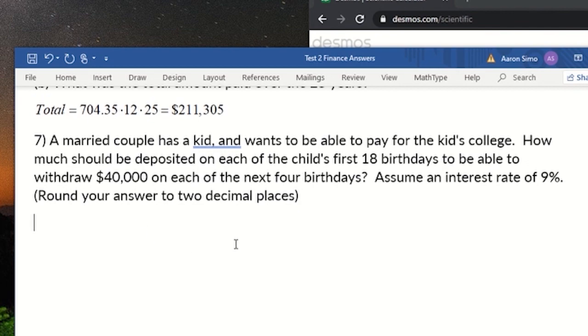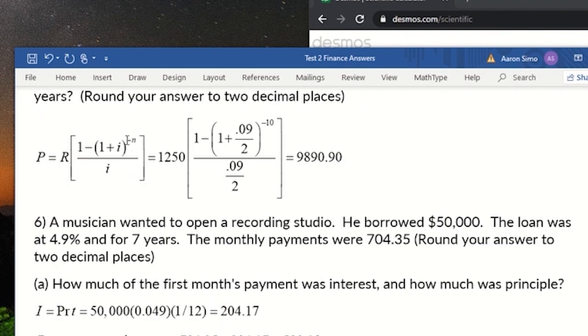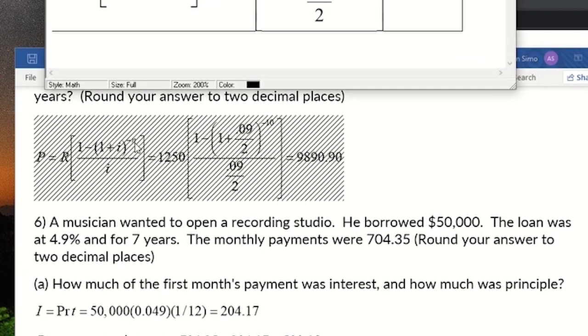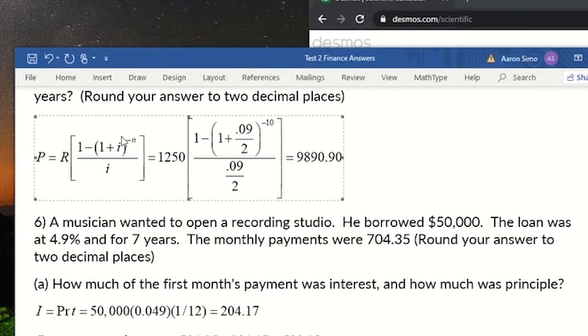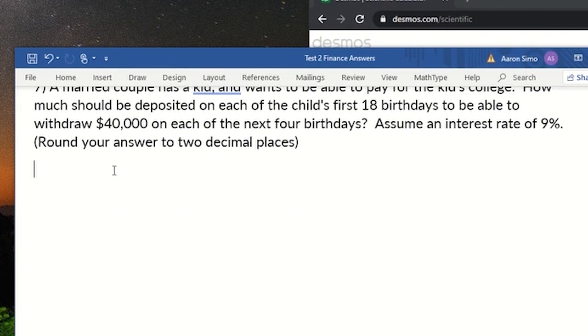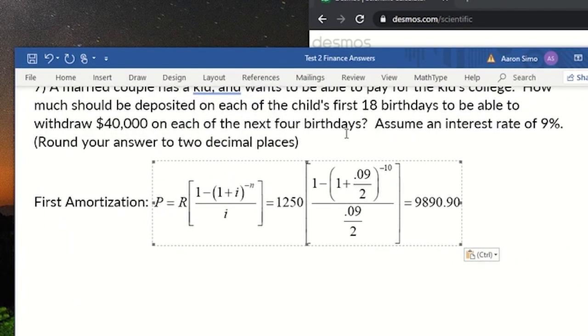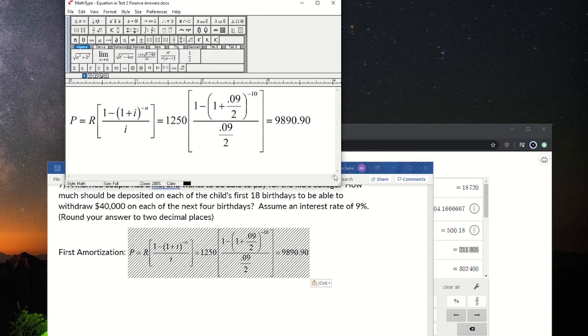So that's amortization. Where is amortization? We need a negative n for amortization. So let me grab this. Actually, let me just press Control C, come down here. First, amortization. Control V, come in here. Let's get in there and see what's going on. What do we got? 40,000? We want to withdraw 40,000 for 4 years.